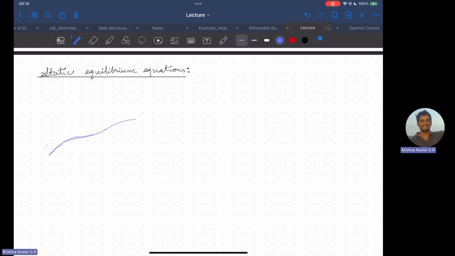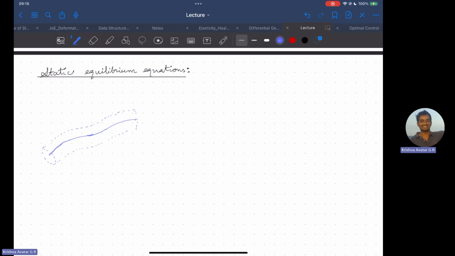So we have this as the body, and there's a rod, so to speak.